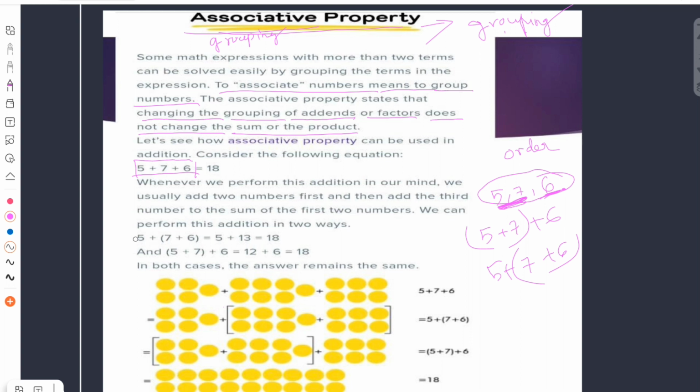In both ways, the answer remains the same. See, 7 plus 6 is 13, so 5 plus 13 is equal to 18, and 5 plus 7 together is 12, then add with the 6, 12 plus 6 equals 18. In both cases, the answer remains the same. So this property is called the associative property. Addition, subtraction, multiplication and division are also applicable to the associative property.